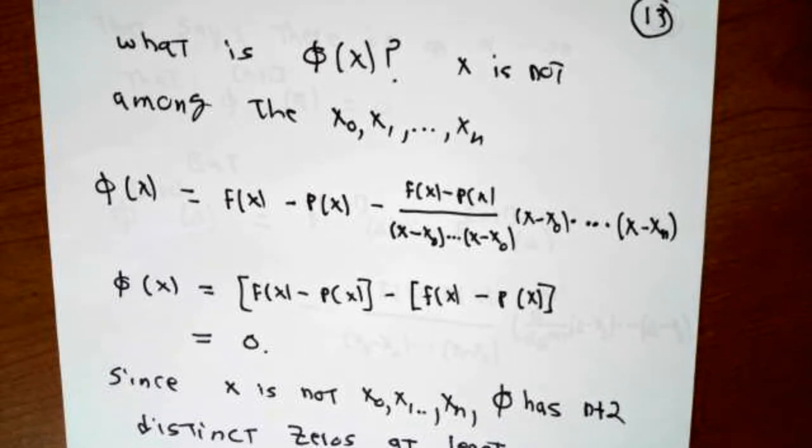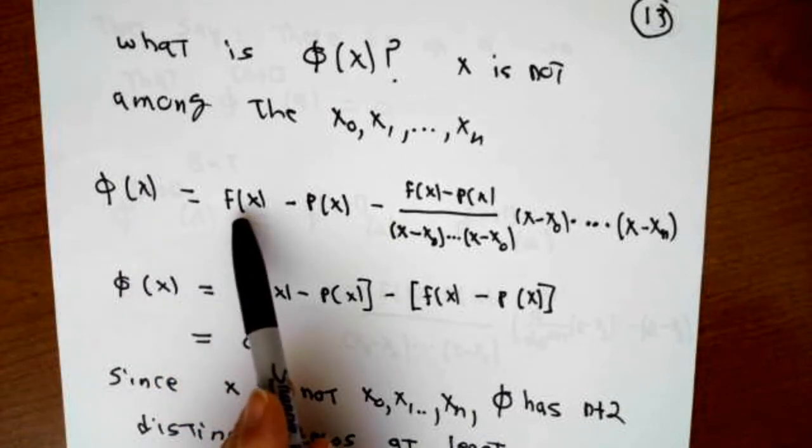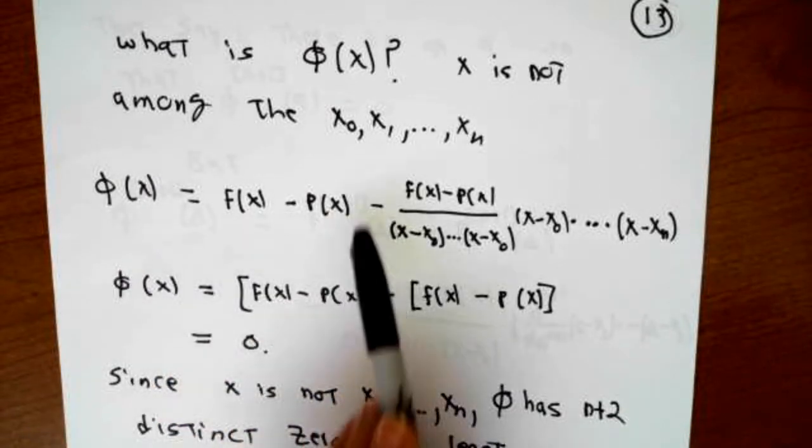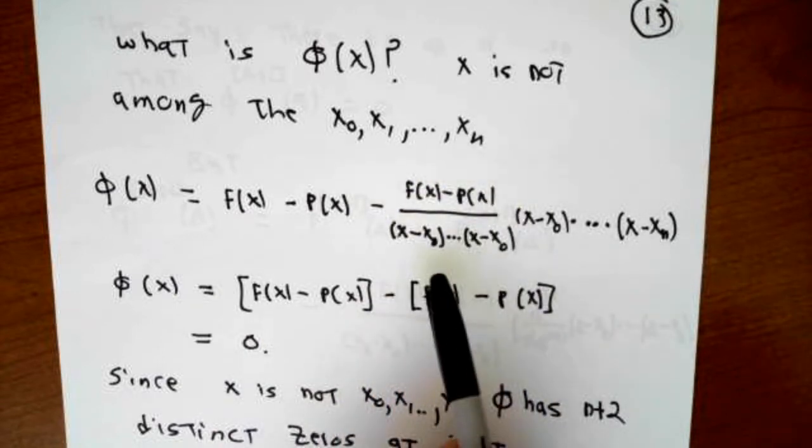Now remember, x is being treated as though it's a constant. X is among the numbers that I could evaluate phi at by thinking of s as just being the x number. Phi of x is f of x minus p of x minus, this was my constant that I had before.